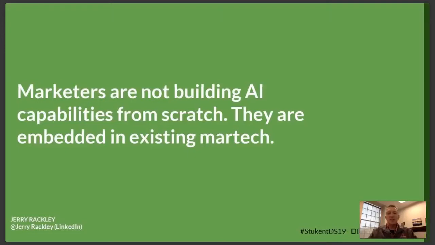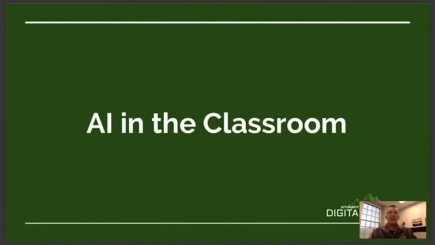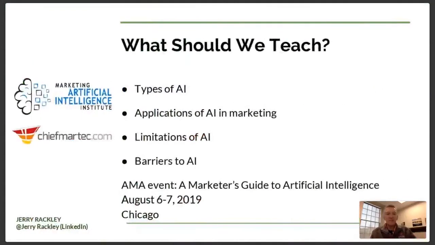All right, so let's close out by talking about AI in the classroom. So where should this lead us? All these things I've been talking about, as educators, when it comes to teaching our students about AI. What should they know? I have just a couple ideas I want to share, and certainly welcome your comments and ideas as well.